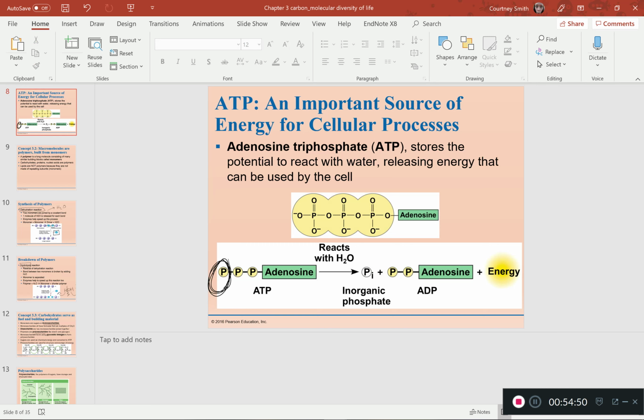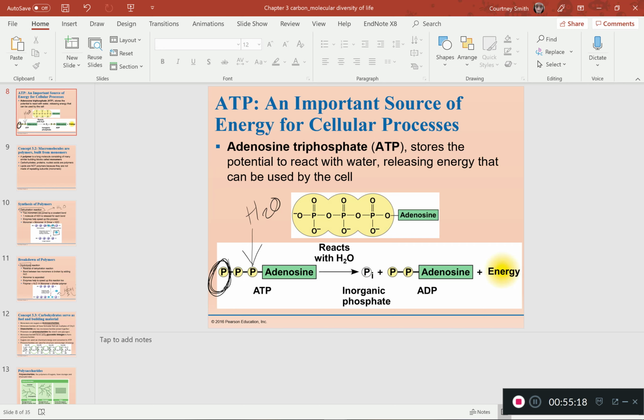So it goes away, and by doing that, we add water, and then it pops it off, and with that, it produces energy. So now we have a phosphate group just floating around that can bond to anything else that's needed. And then we have a burst of energy. So this will happen constantly throughout our whole body without us even knowing it.